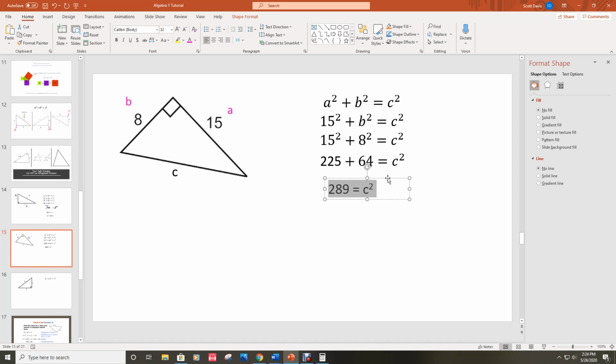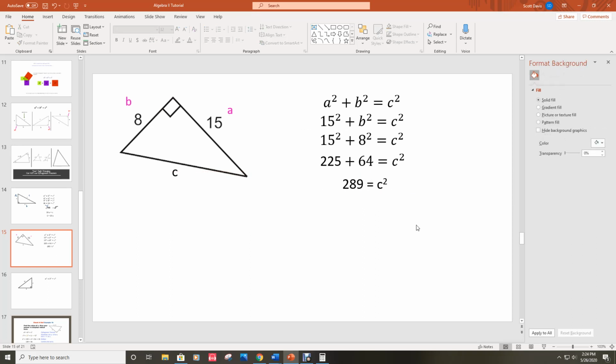Now remember, like I said, we now have to find out what C is by itself, just the length of this side. So that means we need to get rid of our square, okay? So that means we are going to square root each side of our equal sign, okay?